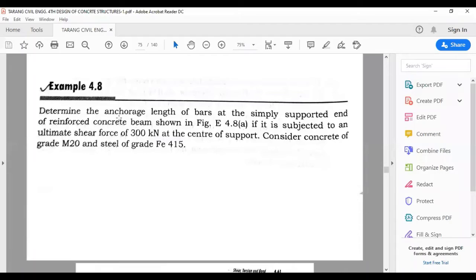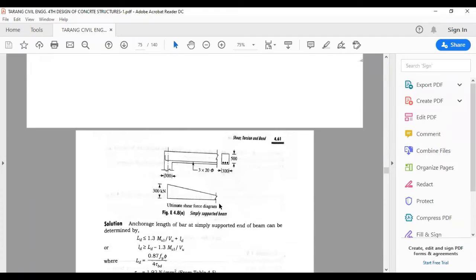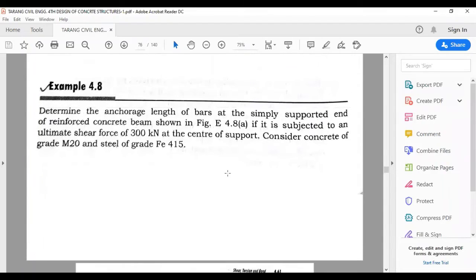So we have to find the anchorage length, it is a simply supported end case, and the ultimate shear force of 300 kilonewton is given, which is acting at the center of the support. Grade of concrete is M20 and steel grade is Fe415. So this is the question. This is given as 300.